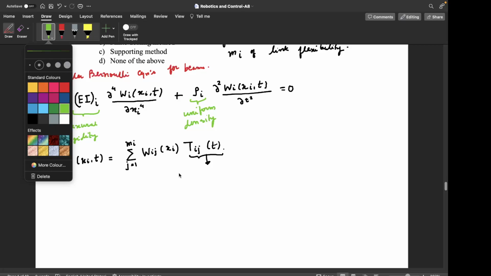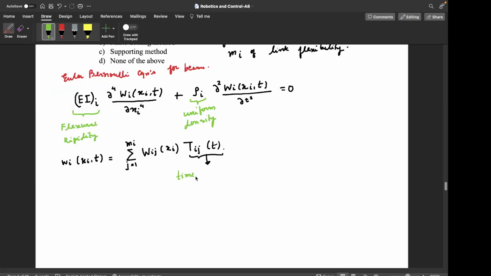This is a time varying variable, and these Wij are the assumed mode shapes of the link.